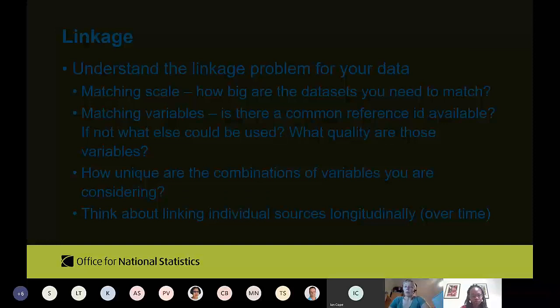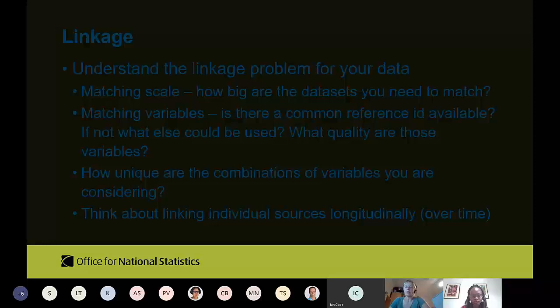So having identified those variables, we put them together in combinations and looked at how unique those combinations were on a particular data set, to try and understand whether we had a fairly unique set of matching data, because the less unique it is, the more occasions where you'll get multiple matches, and it'll be difficult to determine which matches are real and which ones aren't.